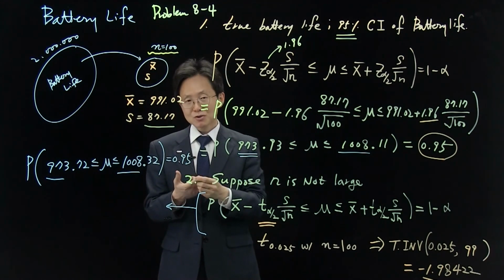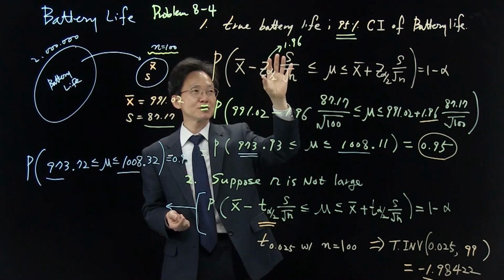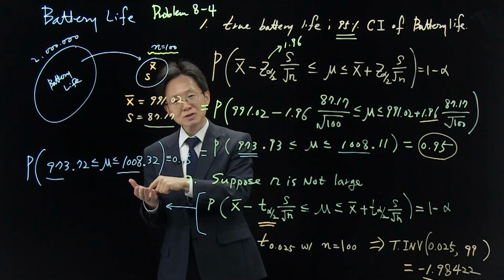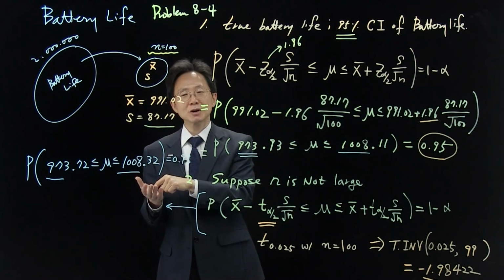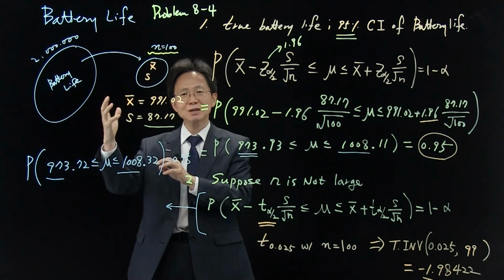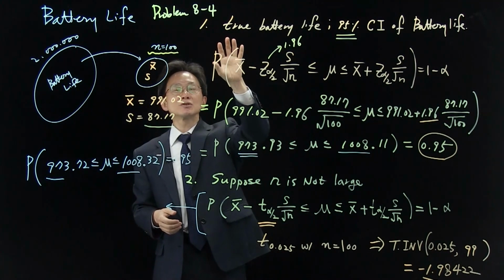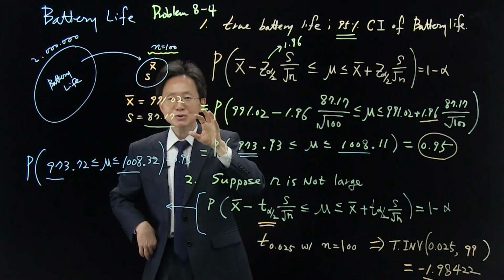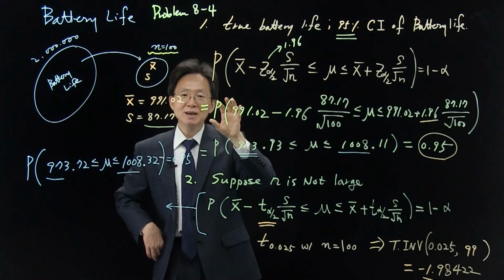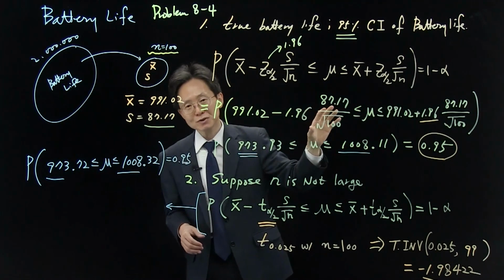One is you can generate random numbers and determine your own sample, or you use the StatTools and ask the StatTools to select a random sample. So I think that your TA will demonstrate how to get this random sample, and then how to use the random sample with StatTools to get this confidence interval.